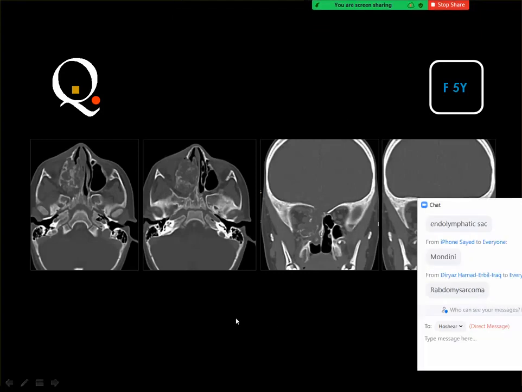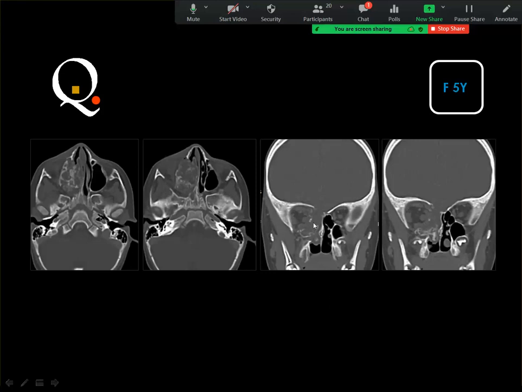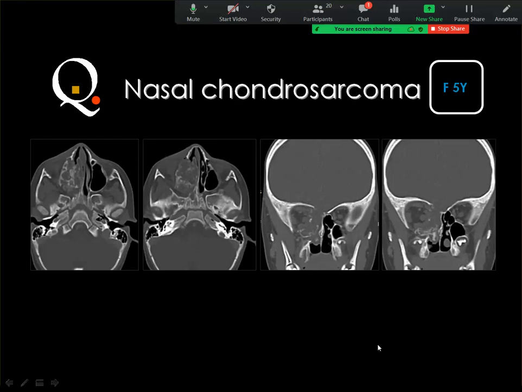Rhabdomyosarcoma is a good possibility, and also no, this is not fungus, but if you look carefully you can see matrix calcification inside the tumor, and whenever you get a malignant lesion with matrix calcification, you think of chondrosarcoma. Actually, chondrosarcoma is rare in this particular location, but the presence of calcification inside the lesion and the age group, you think of chondrosarcoma.